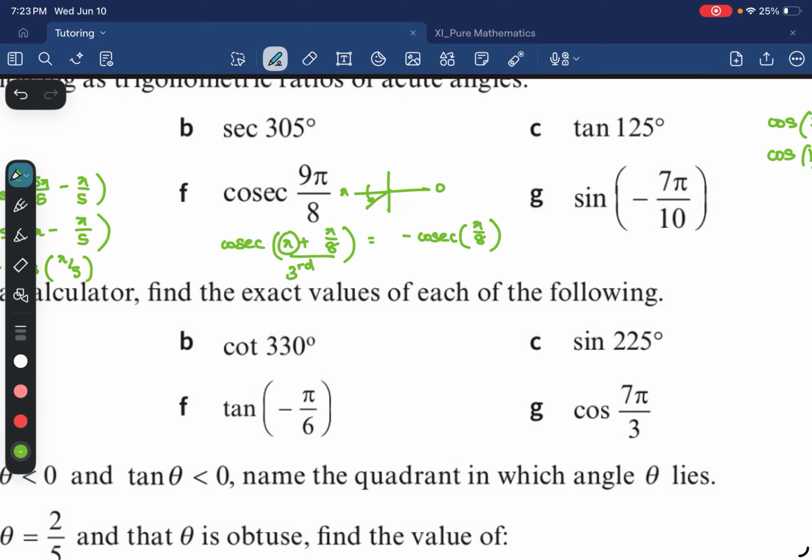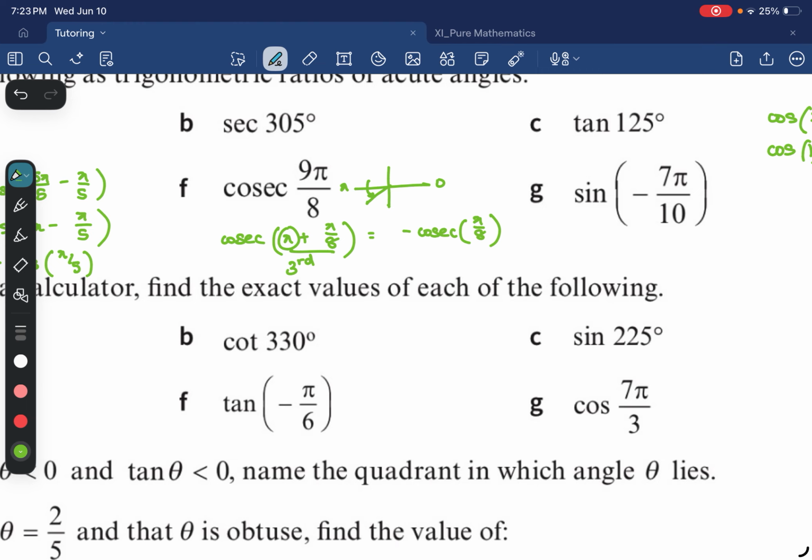Yeah, it should be negative. It should be negative cosecant pi by 8. And you can check. You can do 1 over sine, that is cosecant, right? So you can do 1 over sine of 9 pi by 8, and yeah, your solution is negative.